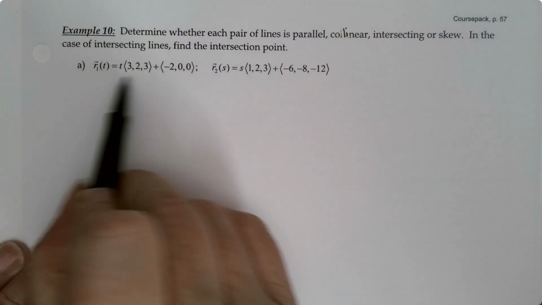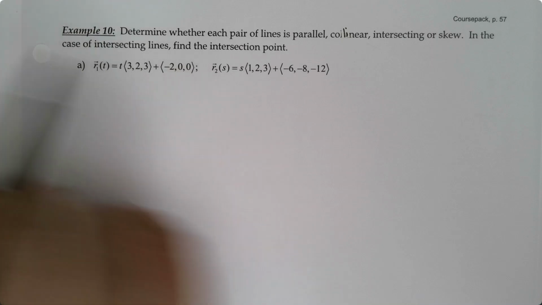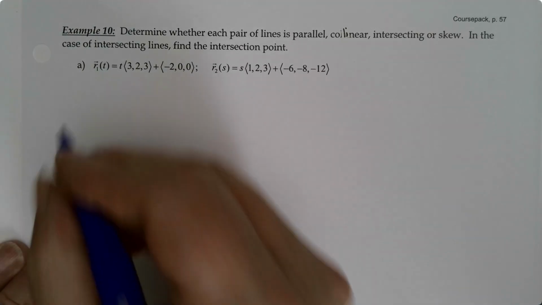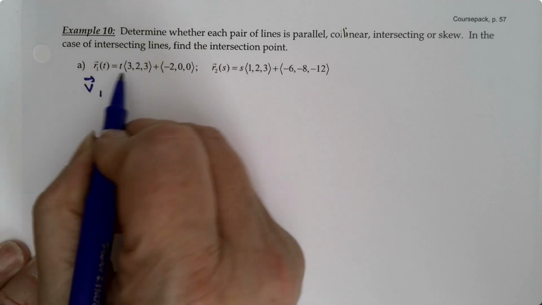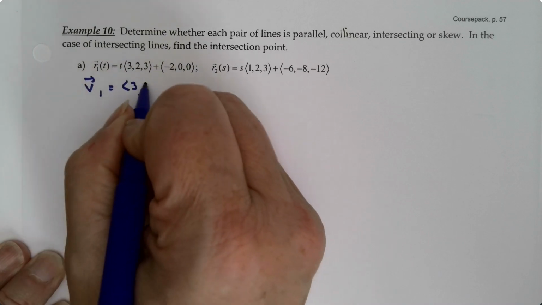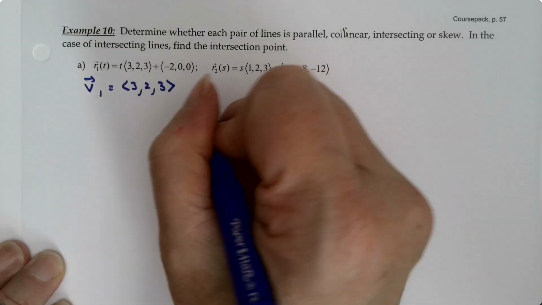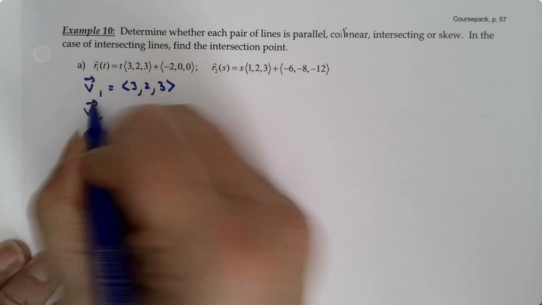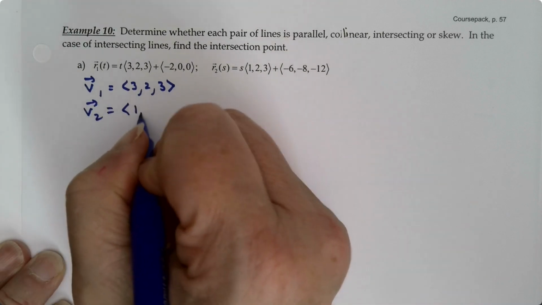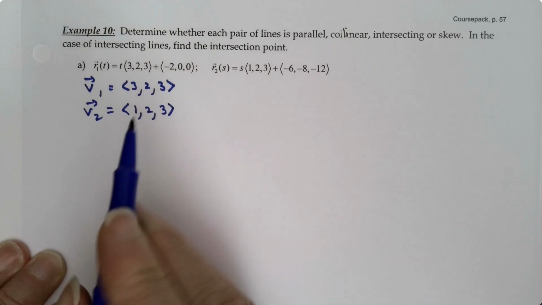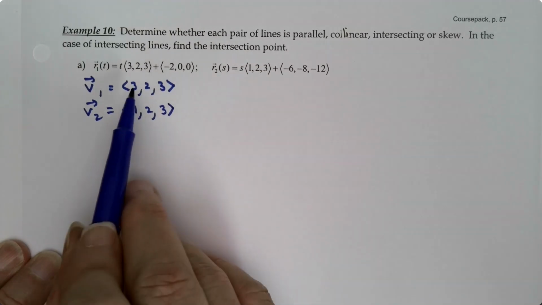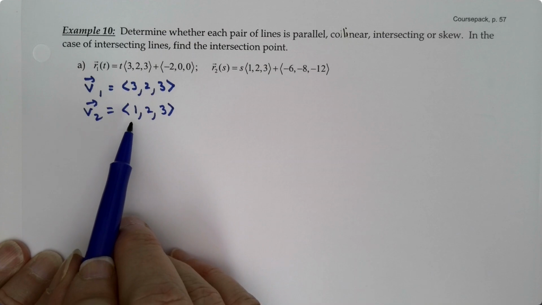All right, so if I look at my direction vectors here, direction vector 1, V1, if you will, is 3, 2, 3. And V2, put it right below it, is 1, 2, 3. Well, there's no way that I can multiply one of these by a constant and get the other one.